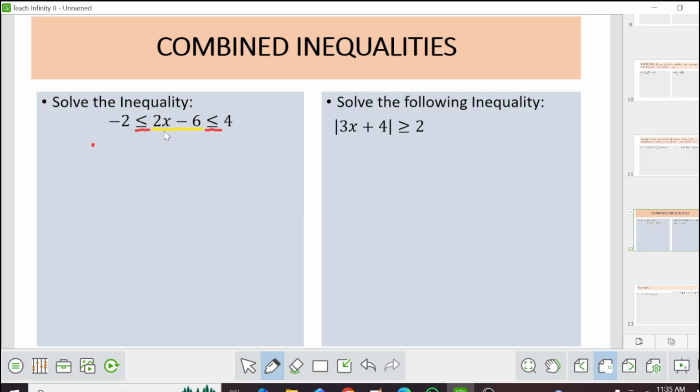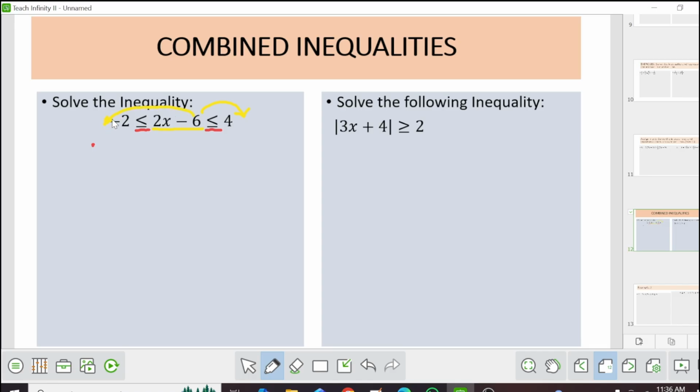Now, if I want to solve this, it is easy for the constant. This one has the variable 2x, the one you are looking for. So this minus 6 is a constant that I can move to either side of the inequality. Since I have two inequalities, I can move it to this side and at the same time move it to the other side.